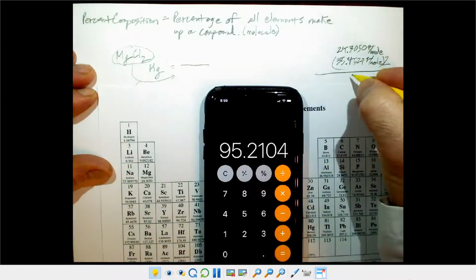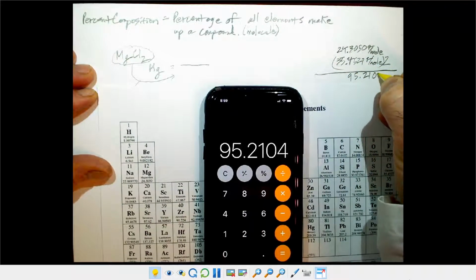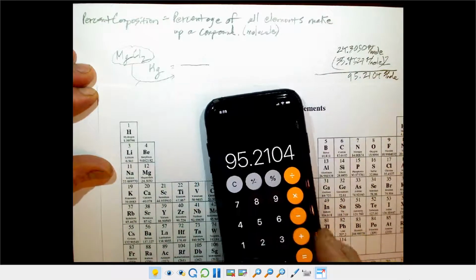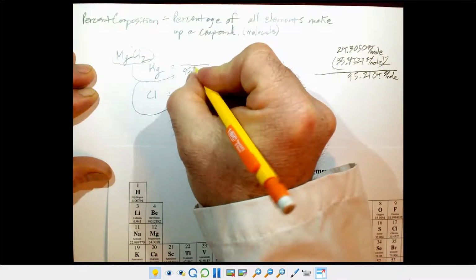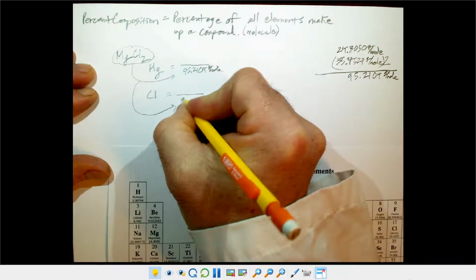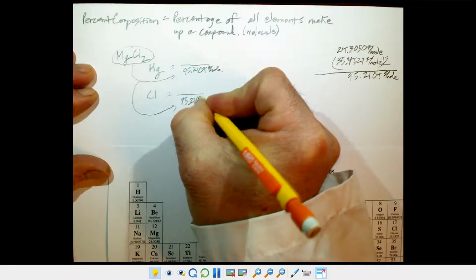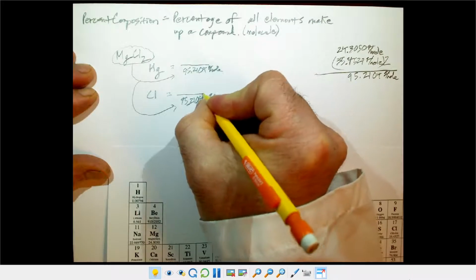And that gives us 95.2104 grams per mole is our total. So that's going to end up being our denominator number that we're going to use. So this one's 95.2104. And this one's going to also be 95.2104 grams per mole.